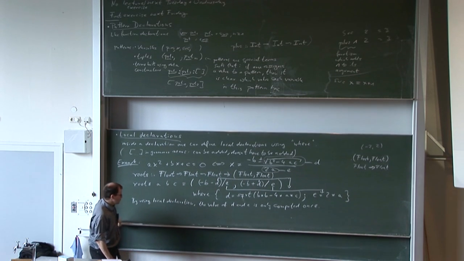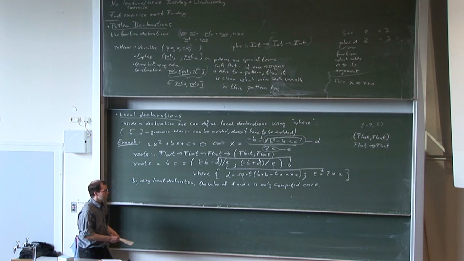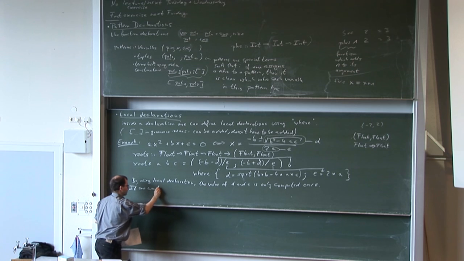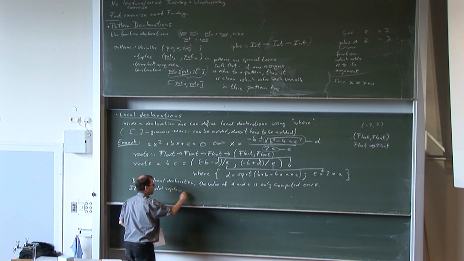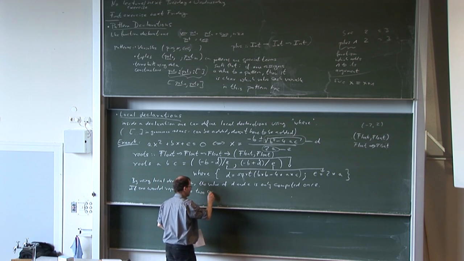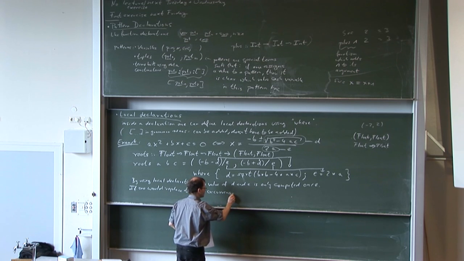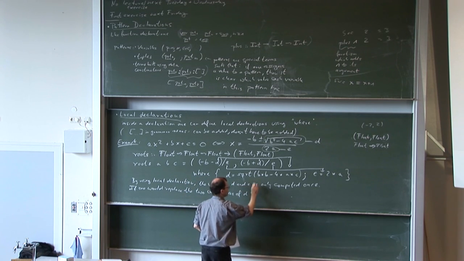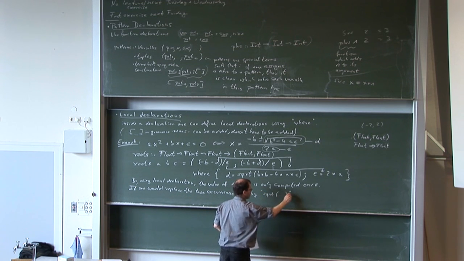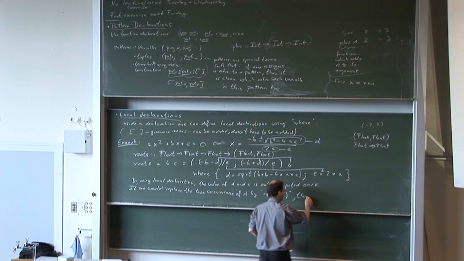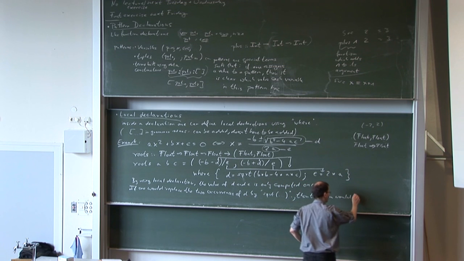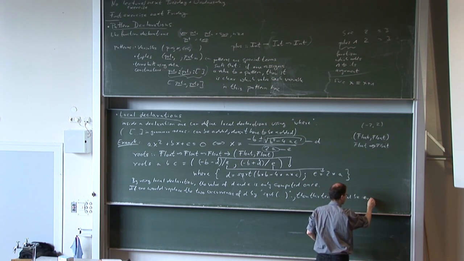So by using local declarations, the value of D and E is only computed once, and if one would replace the two occurrences of D by this square root term, then this term would be evaluated twice, which is less efficient.